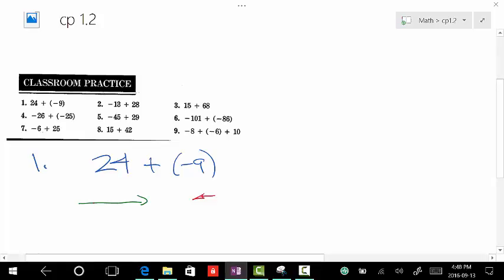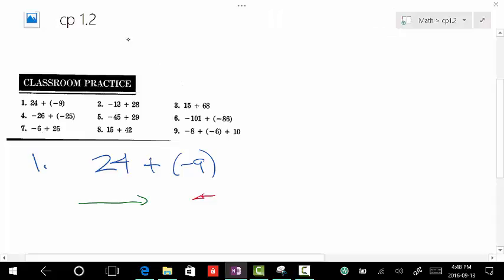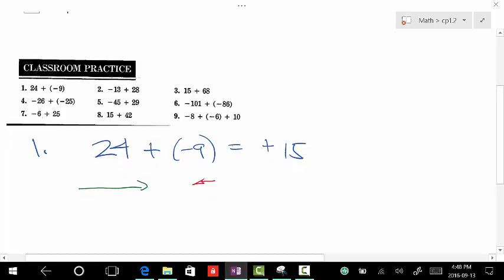That means you're going to have a positive number. 24 is a bigger positive number than 9 is a negative number. So your net result is going to be positive. So when you do the calculation on your calculator, you're going to end up with this being equal to positive 15.